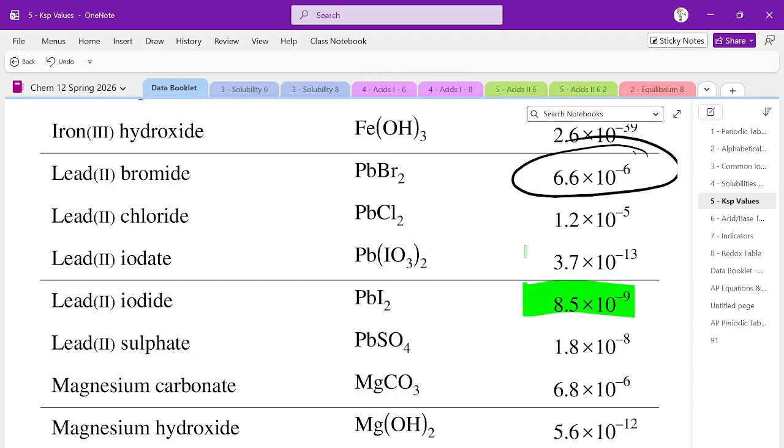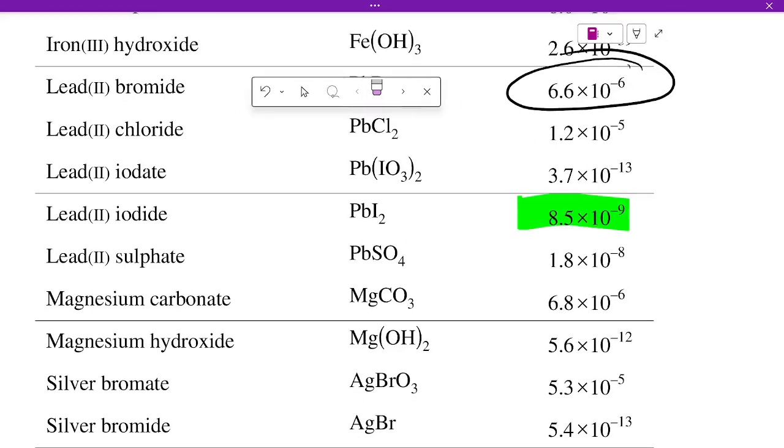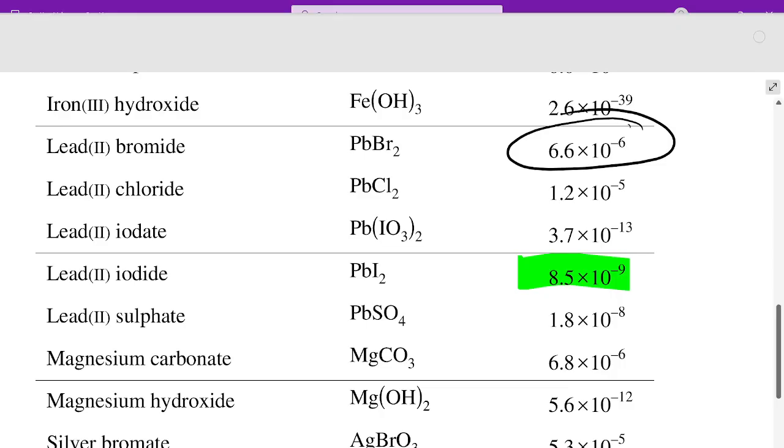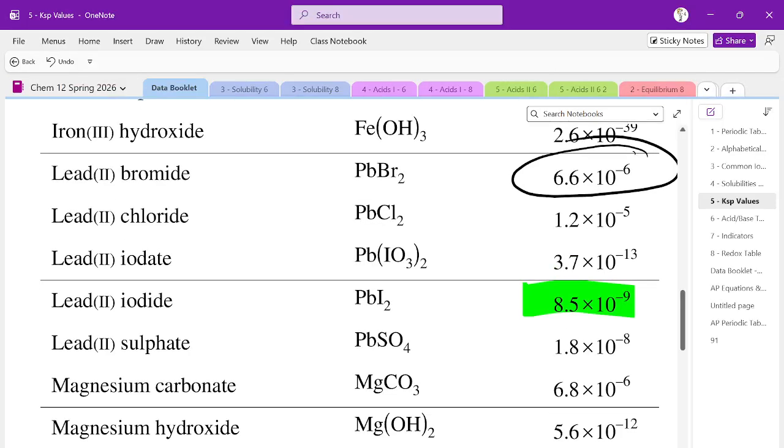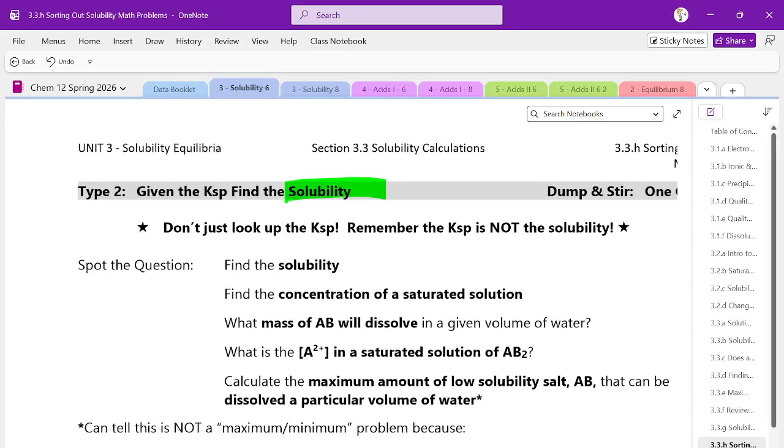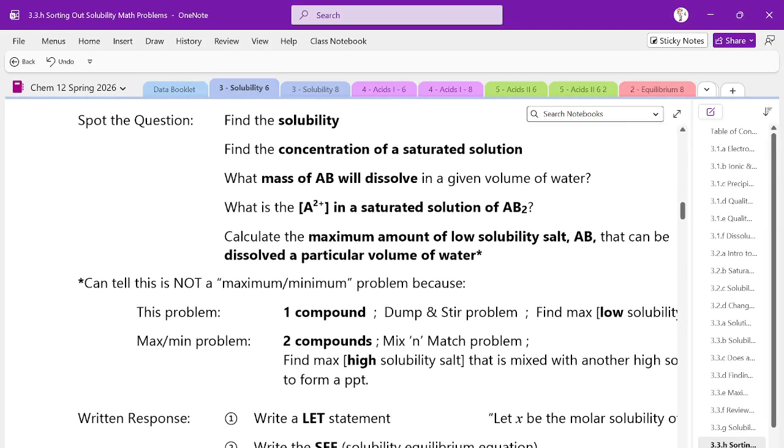This is when you do X, you say let X equal the solubility. And again, it's going to be a dump and stir type question, so that will be proportional. You'll have an X and a 2X, or an X and an X, or whatever the ratio happens to be. You can tell this is not a maximum or minimum problem because it's not going to say maximum or minimum.